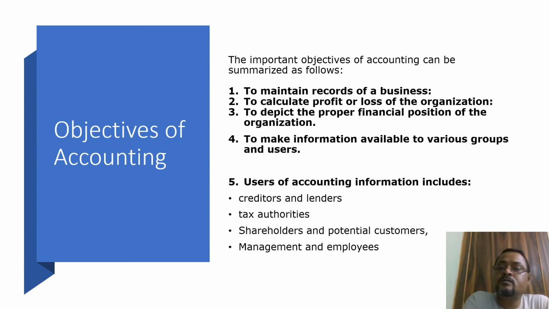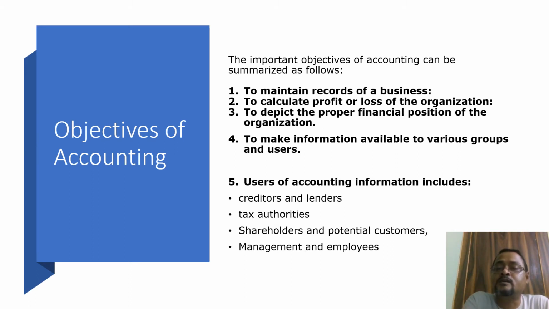You need to find out if the business is making a profit or loss. If the business is doing numerous transactions, you need to maintain the records so that at the end of the year, you would be able to undertake the process of summarization so that a profit and loss account or income statement can be made.